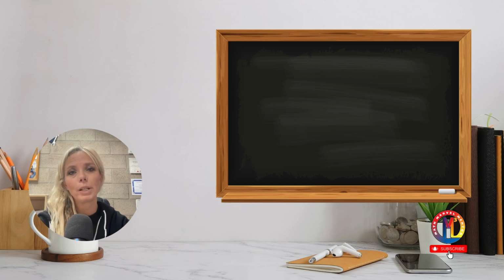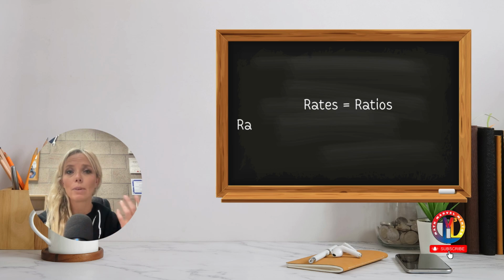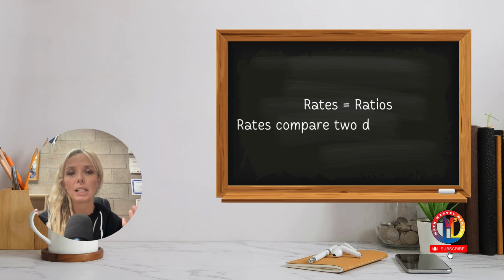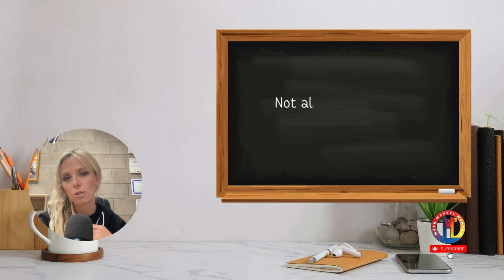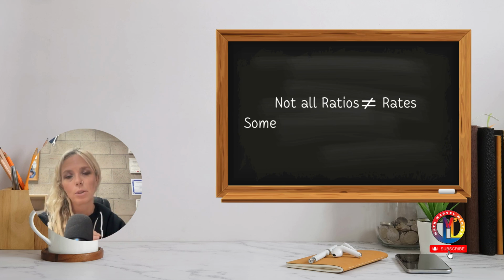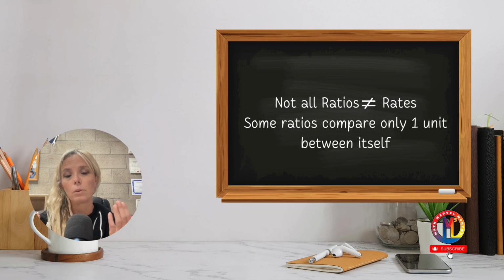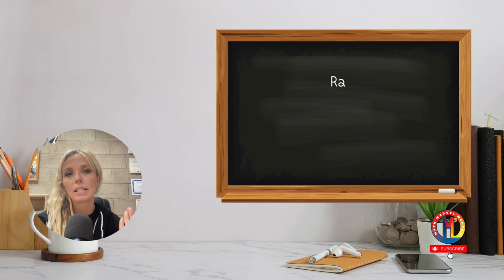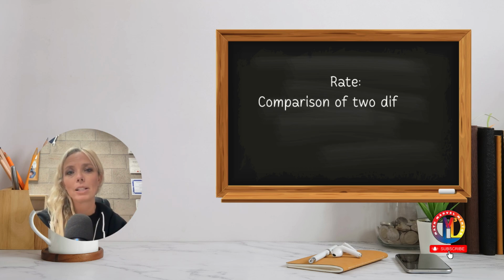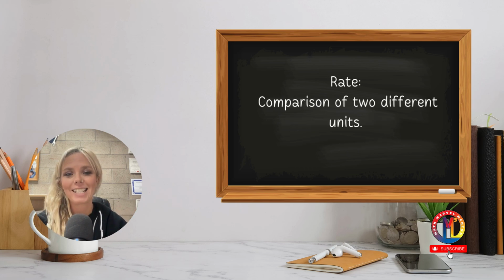What's different between a rate and a ratio is that rates include two different units. So all rates are ratios, but not all ratios are rates per se. A ratio could still be marbles to marbles, a comparison within the same unit. So the distinguisher for a rate is that it's a comparison with two different units.